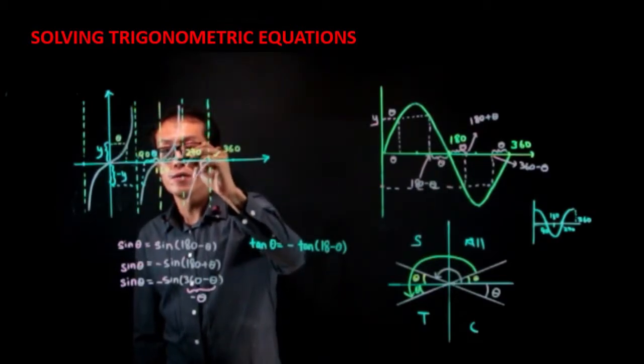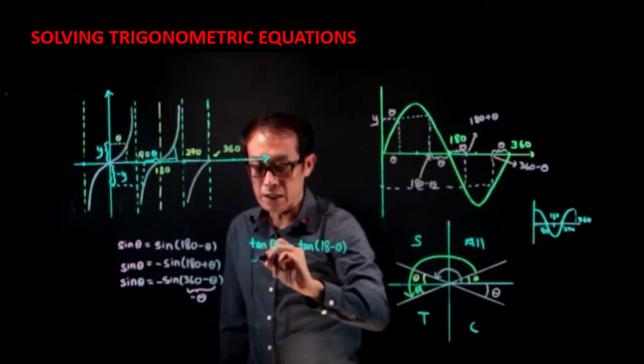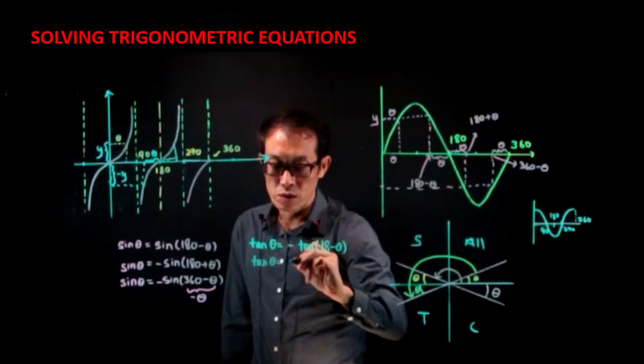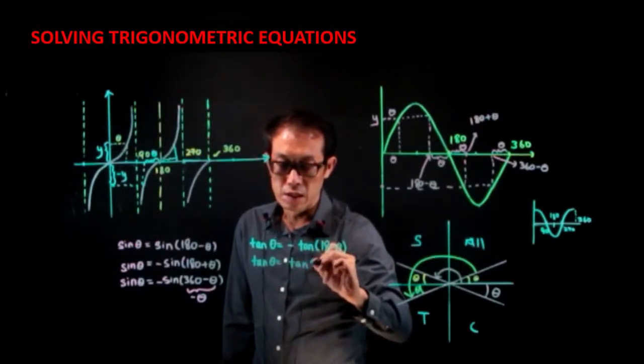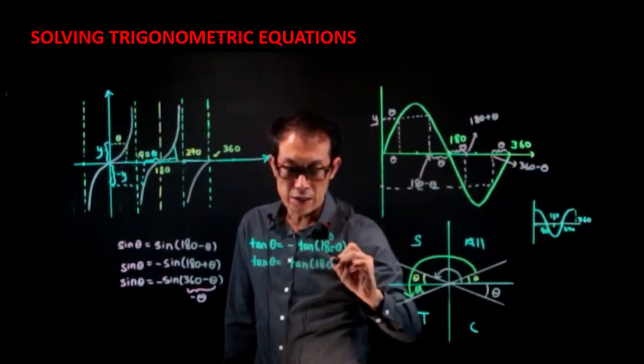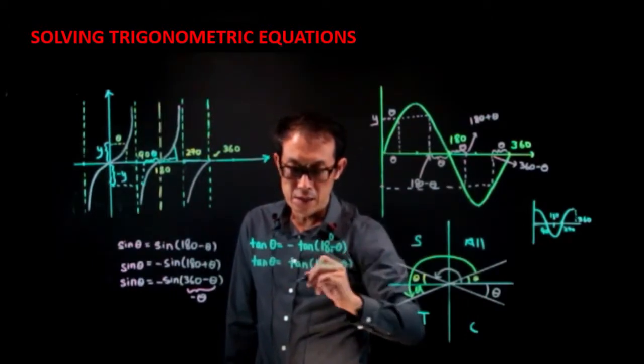You will find that tangent theta is equal to tangent 180 plus theta.